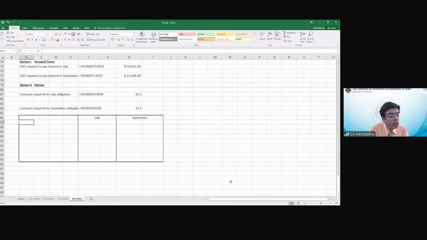First and foremost, how much is the total cover available? How will you get that? I will say number of contracts multiplied by amount per contract. So that comes to how much?